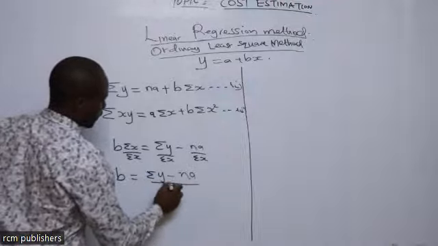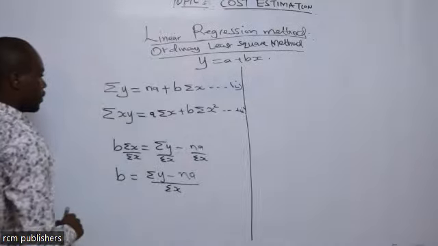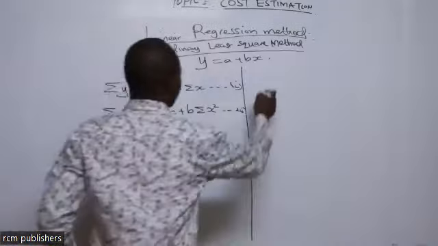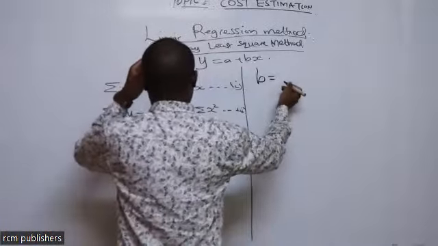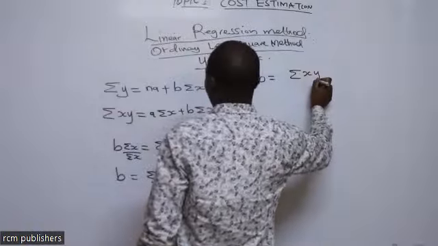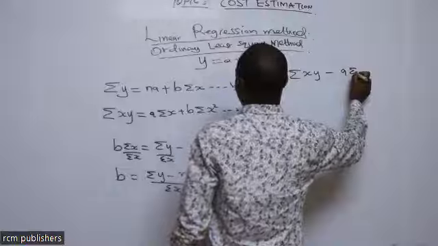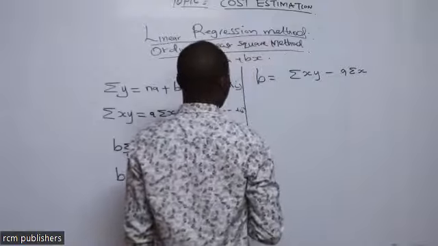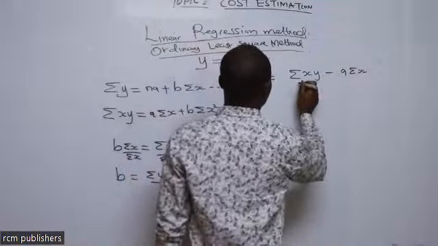Then we have summation of X. Then also make B the subject of the formula here. Summation of XY minus A summation of X. Then we divide by summation of X squared.